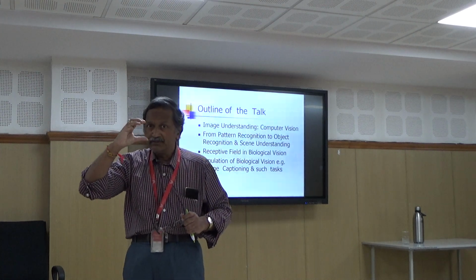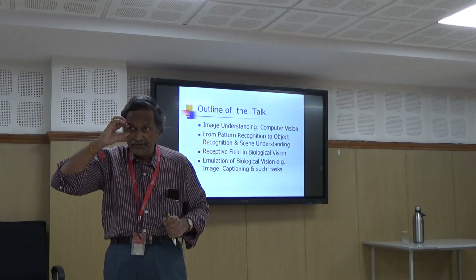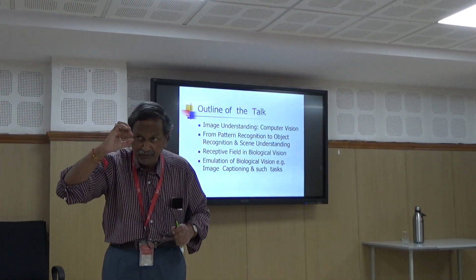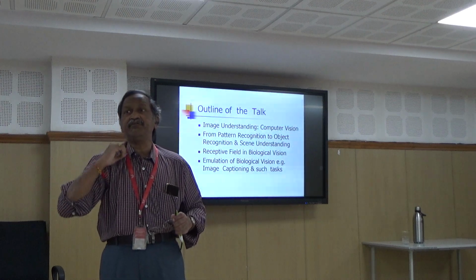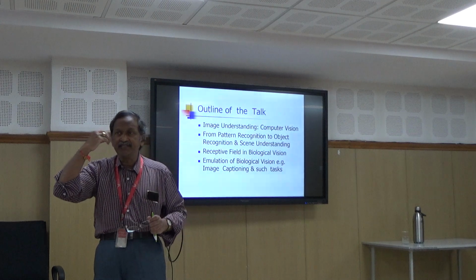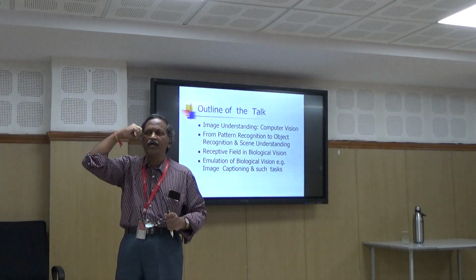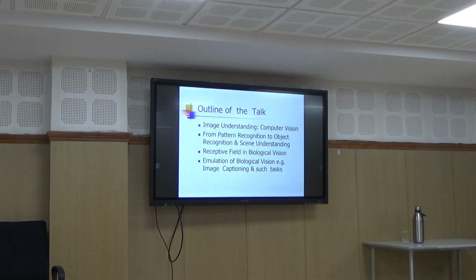When I take a look at the people in the room, without my knowledge, there is a receptive field associated with the object that I am perceiving. So the so-called convolution idea is basically motivated by the biological receptive field. So we want to emulate biological vision and image captioning and such tasks.